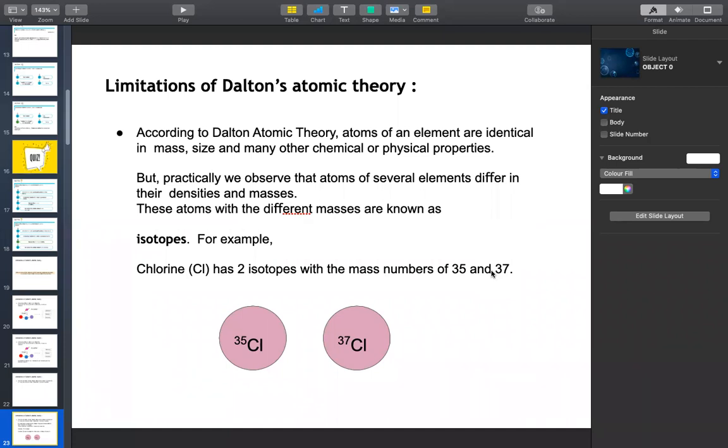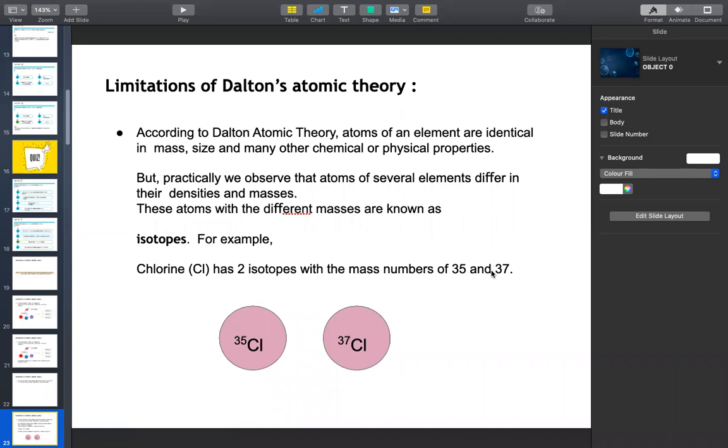Okay, see, mostly all postulates were wrong only, but atoms combine in fixed proportion. That is one thing. If all his postulates are wrong, then why are we giving so much importance to him, sir? Because without these postulates, you won't understand how the research work was done, how people thought about other possibilities.